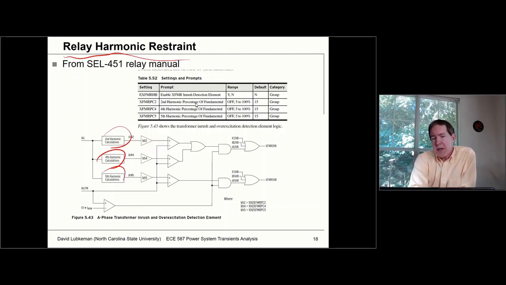And then depending on the amount of harmonic content, you keep the overcurrent from tripping. In other words, you have a restraint signal that says to your logic, hey, I see this large second harmonic or fourth harmonic component. I'm probably energizing a transformer right now, and I want to make sure I don't trip unnecessarily on overcurrent based on this.